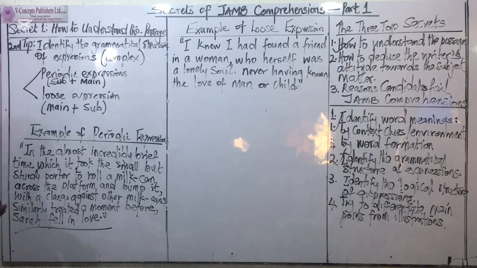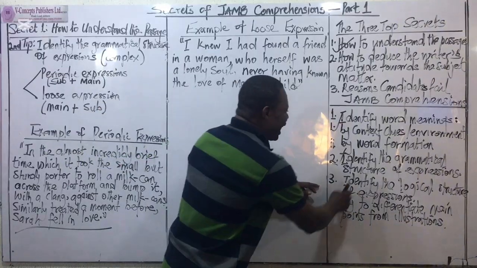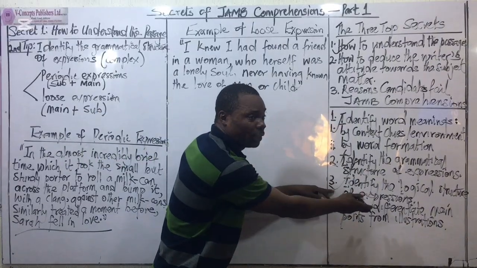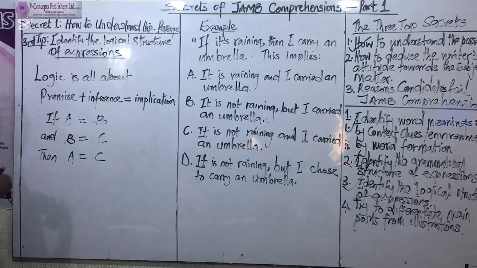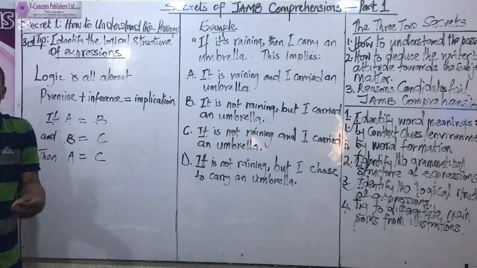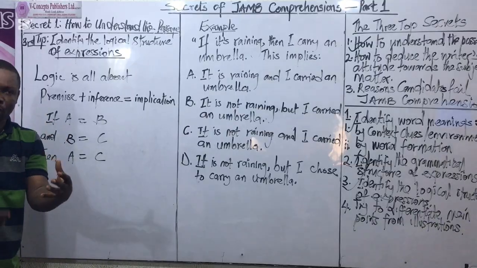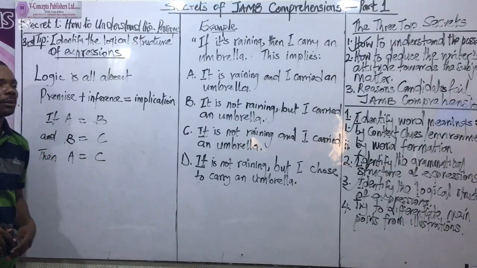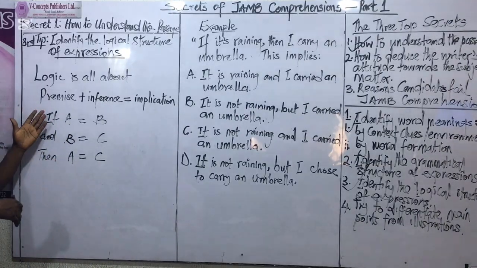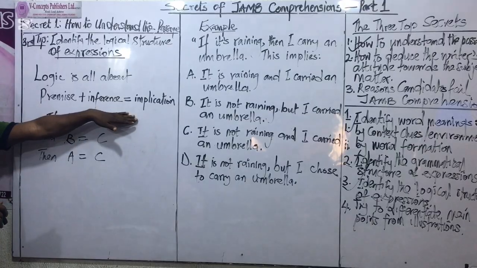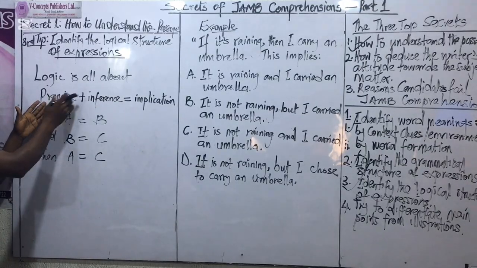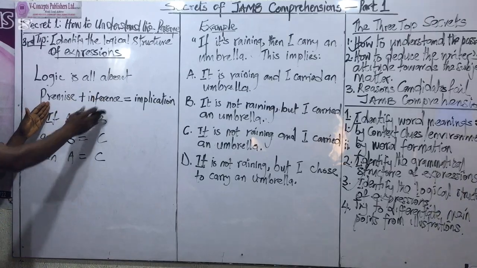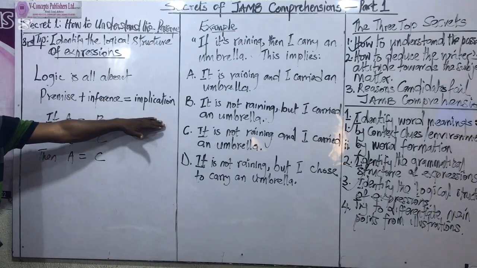We move to the next one, which is identify the logical structure of expressions. What is logic? Logic is all about thinking between the lines, understanding the unwritten information from the words written. And it operates on this principle: premise plus inference is equal to implication.